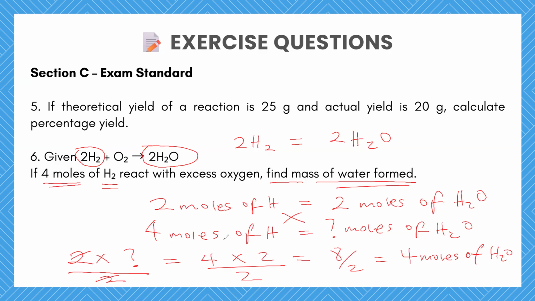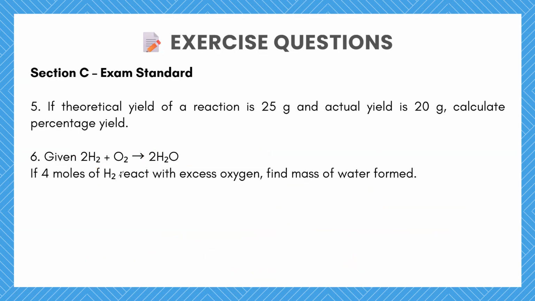Now we've obtained our answer in number of moles, which is 4. But the question says, find the mass of water formed. That is easy to do. We have this formula that says number of moles is equal to the mass divided by the molar mass of the substance. Now the number of moles, we found it out to be 4. The mass is what we're looking for. We don't have it.